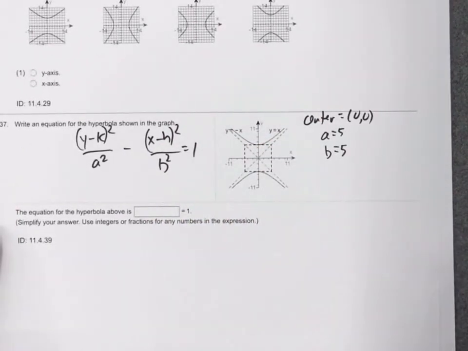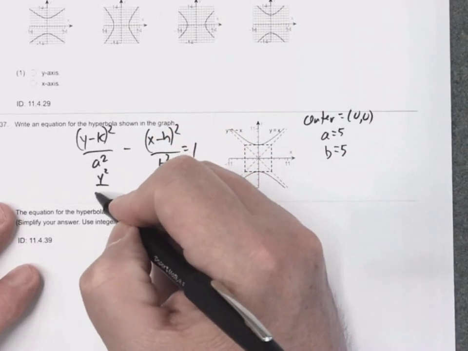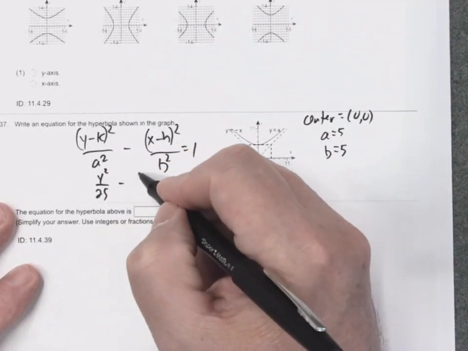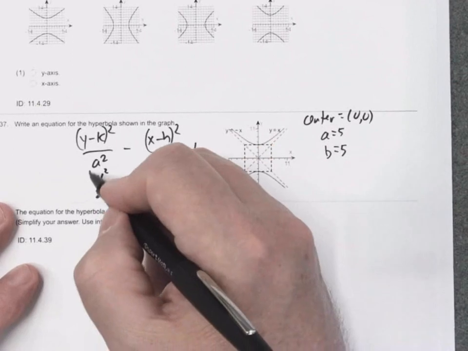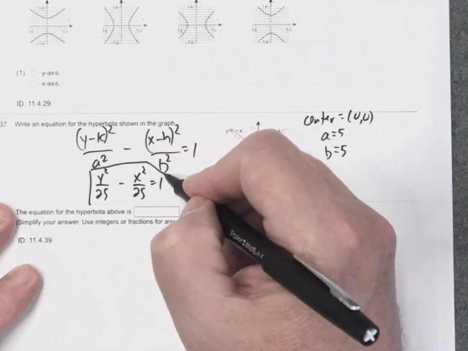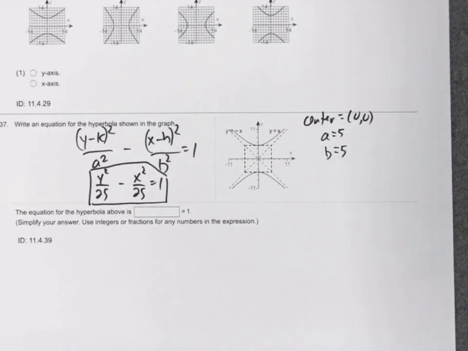So h and k are 0, and a and b are both 5. So I believe that should be the equation of that hyperbola. And I will check to confirm that that is in fact correct.